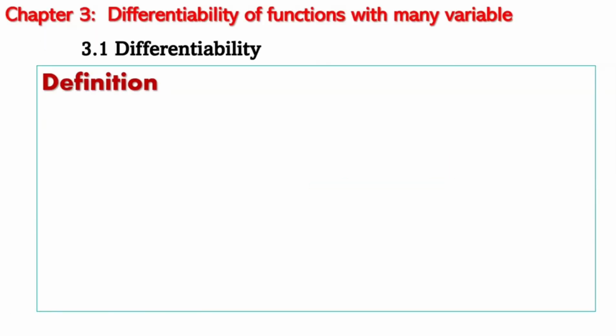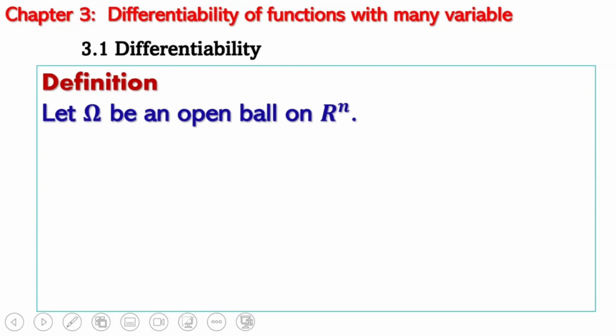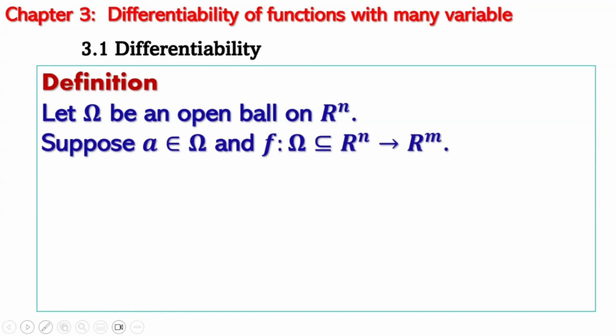Differentiability of a several variable function is defined as follows. First we take omega to be an open ball in Rn, and let a be a point in omega, where we are going to define the differentiability of the function f, a function from omega to Rm.